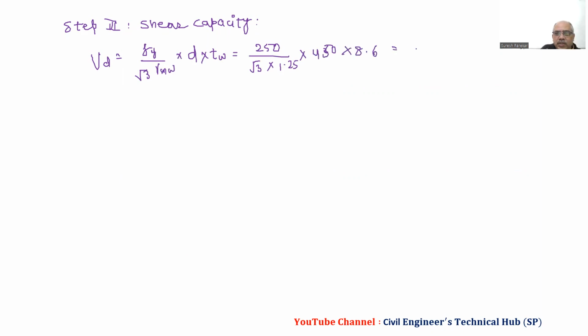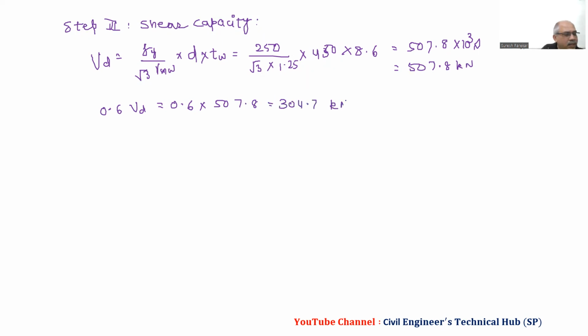That is 507.8 into 10 raised to 3 newtons, that is 507.8 kilonewtons. Then we have to calculate 0.6 VD, and that is 0.6 into 507.8 equal to 304.7 kilonewton, which is greater than 148.52 kilonewton, and therefore use low shear.